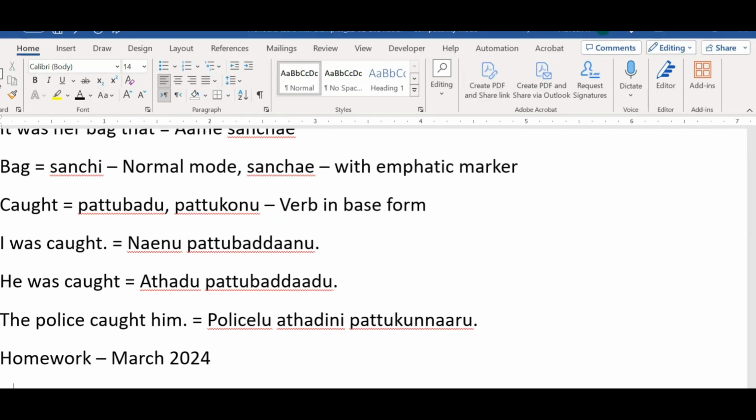Make 5 sentences for each of the following words. పట్టుకొను, పట్టుబడు. Okay అండి. So this is one homework అండి.